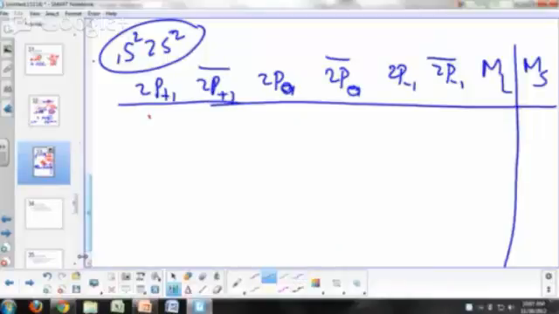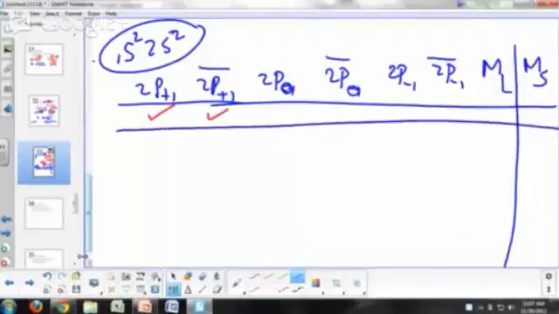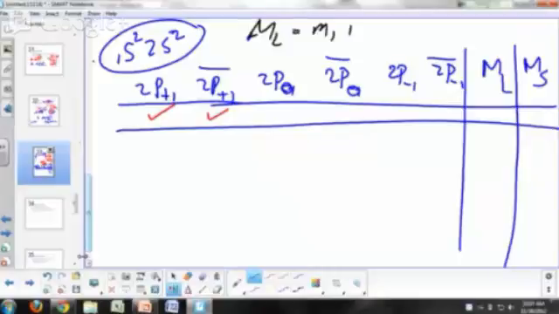Okay. You can have one electron here and another electron in the 2p plus 1 bar. Okay. What's M sub L for that one? The big M sub L is m1 plus m2.